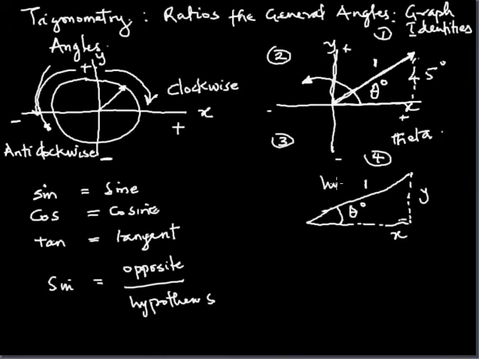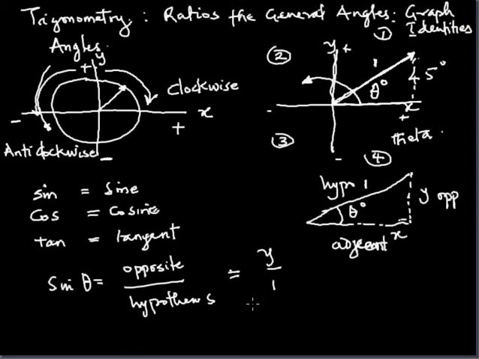This is the hypotenuse, this is the opposite, and this is the adjacent. So when you have sine, this is the formula, which is the same thing as y over 1. Then the sine theta, we can now add theta to this, and that is how we can define the angle.